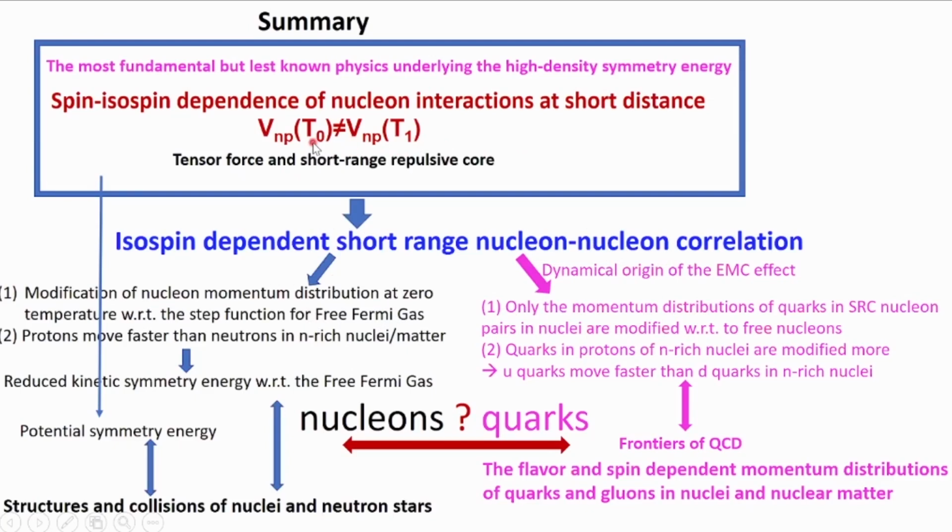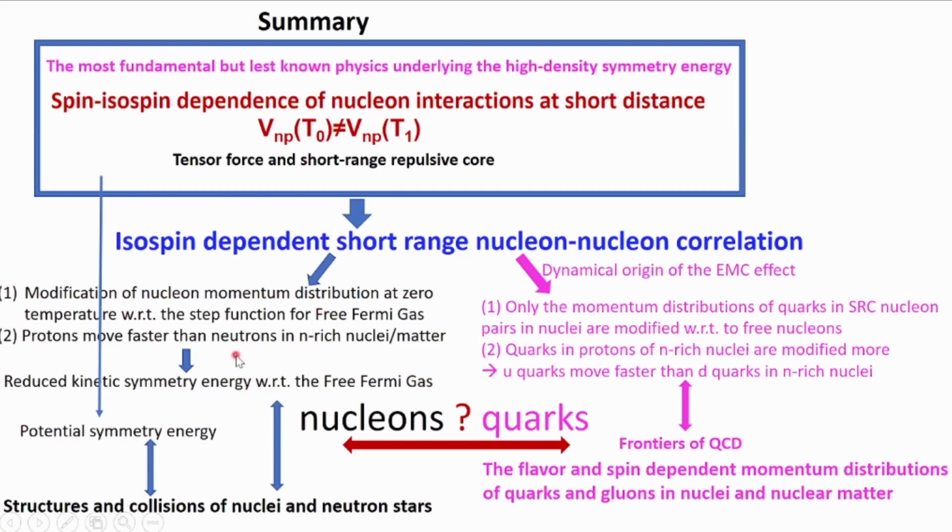There is a strong tensor contribution in the iso-singlet channel. The short-range repulsive core also contributes to some extent, but relatively less. But we do need to know in detail how the tensor force and the short-range repulsive core each play a role in contributing to the high-density symmetry energy.